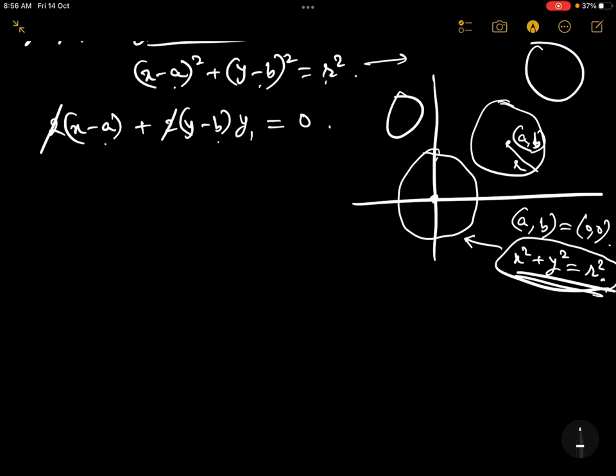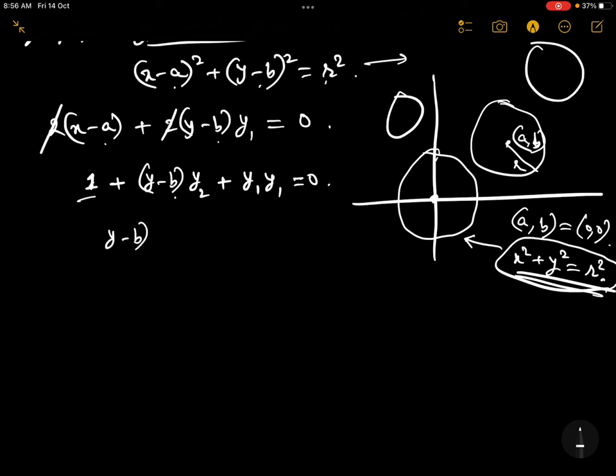Let's differentiate again. So this will be the differentiation of x minus a, which is 1, plus the first function times the derivative of the second function, this will become y2, plus the first function's derivative times the second, which is y1 again. This will give y1 square actually, and y minus b is there, right? Okay, equal to 0. Let's differentiate again with respect to x. This is 0 already.